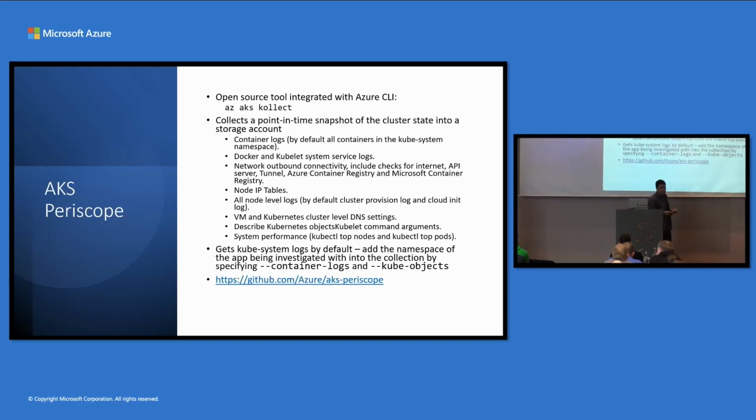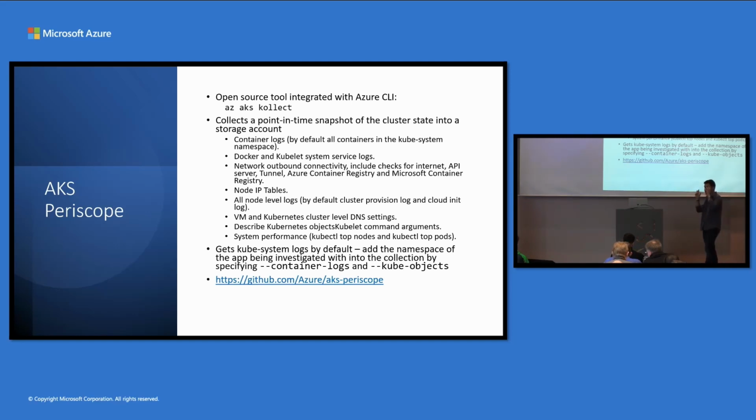The other one is Periscope. Periscope is, in essence, a tool that was created with the objective of making your support experience just easier, when you, for example, pick up the phone and call Microsoft, or open a ticket, or go to the portal. The way that it works is the support engineer is able to tell you to run Periscope and upload the results.